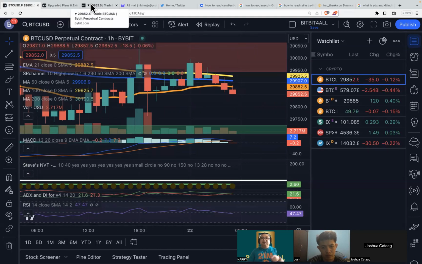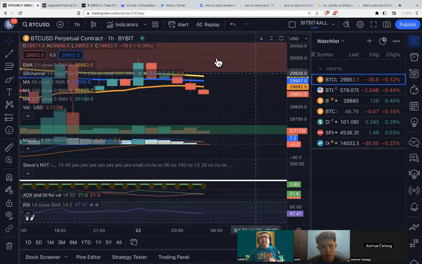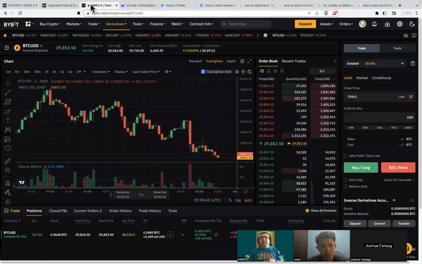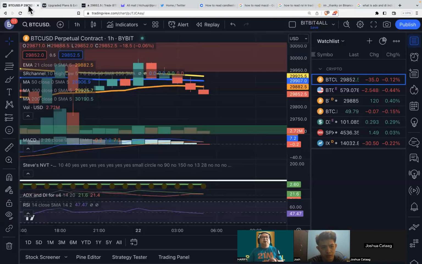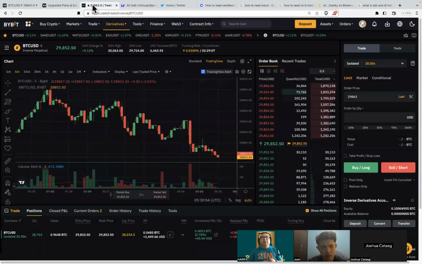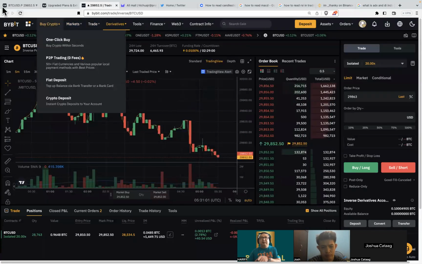So, di ba yung Bybit is, what's the price in Bybit? 29,907. So, dito rin sa Bybit, hindi. Ano yung price nito? Oh, so 29,852 dito, 29,852 rin siya. Kasi Bybit sila.